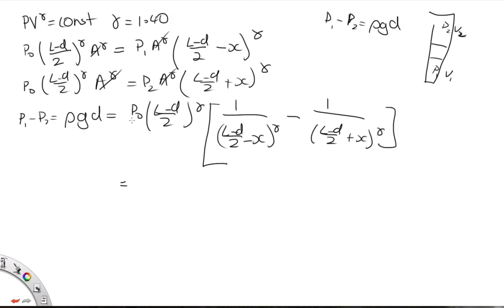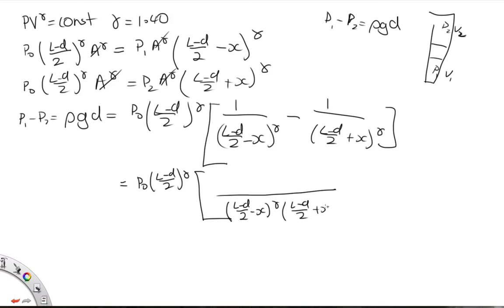Okay, let's rearrange this. So we've got P naught (L minus D over 2) to the gamma. Let's give this a common factor. (L minus D over 2 minus x) to the gamma, (L minus D over 2 plus x) to the gamma. And we've got (L minus D over 2 plus x) to the gamma minus (L minus D over 2 minus x) to the gamma.